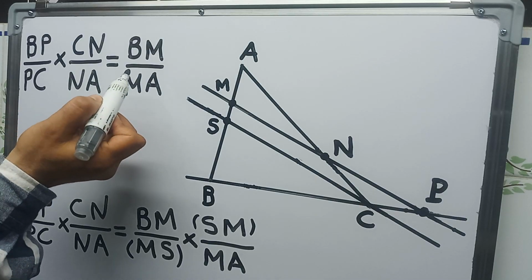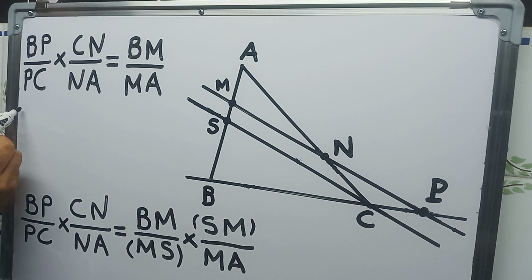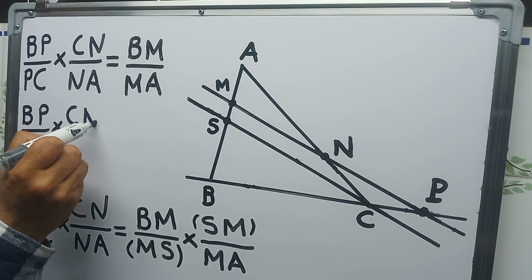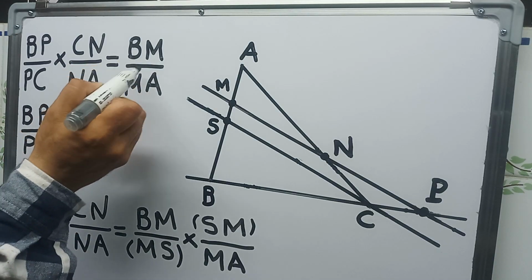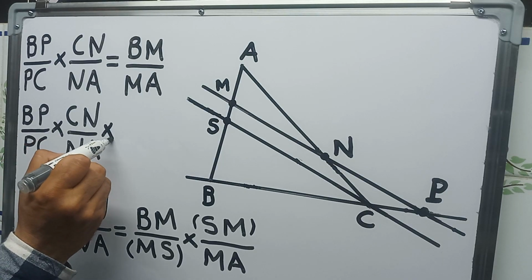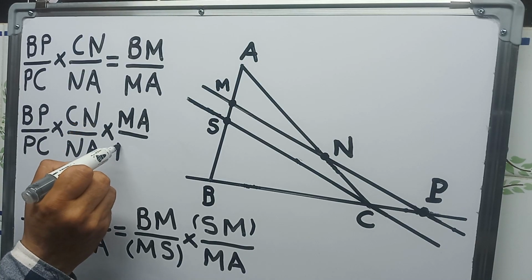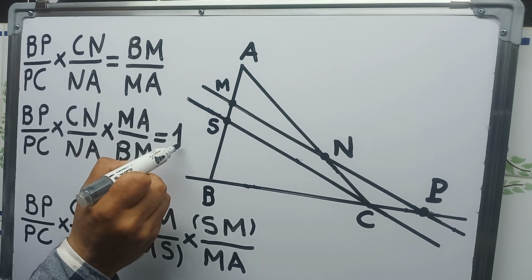And from here, taking BM over MA to the left side, we will have BP over PC times CN over NA. If this term goes to the other side, it becomes the reciprocal. It becomes MA over BM, of course, is equal to 1.